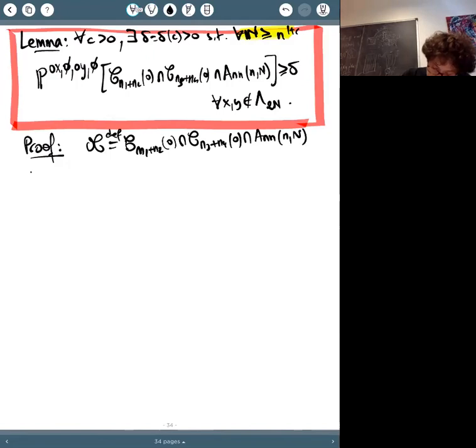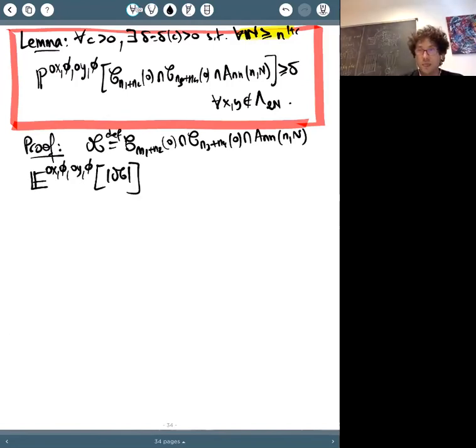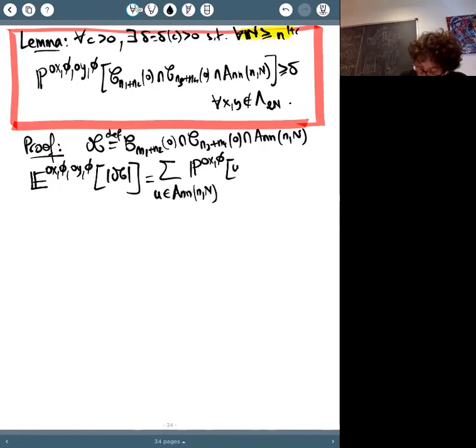So I'm going to do a second moment. So I'm going to look at first the expected size of M. Okay? So expected size of M is going to be the sum for U in the annulus of the probability that U is connected to 0 times the probability that U is connected to 0.